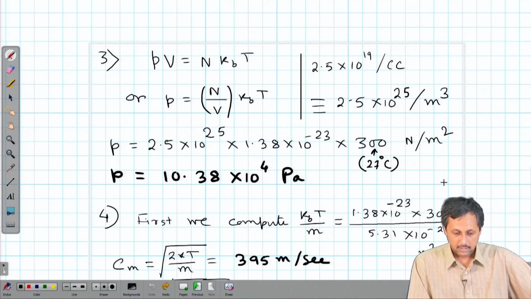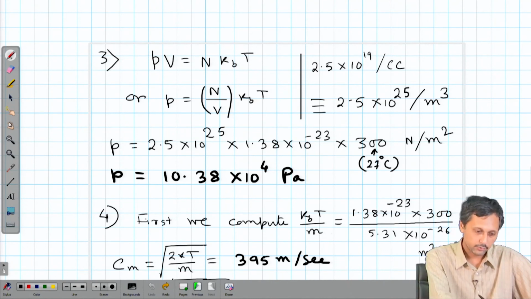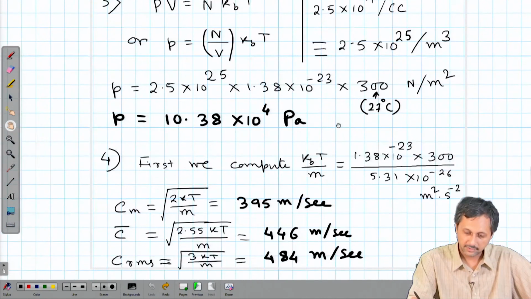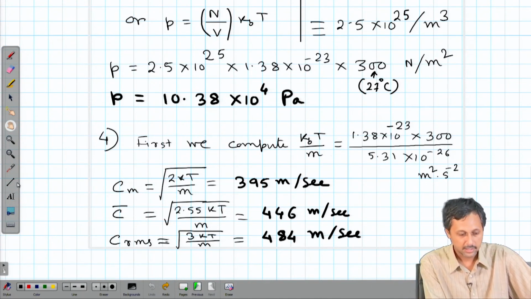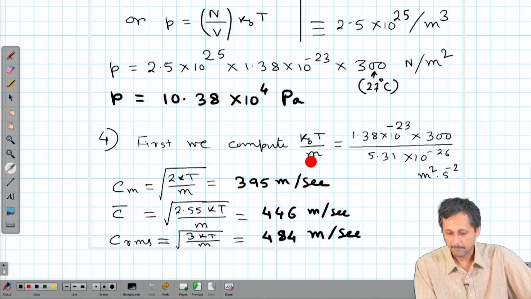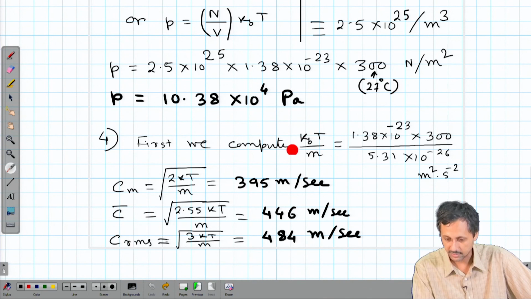Okay. Now, what we have to do in order to calculate all these three speeds is we have to compute the quantity kBT by m, right, this quantity. And once we put the numbers in, we get a number for this kBT by m.